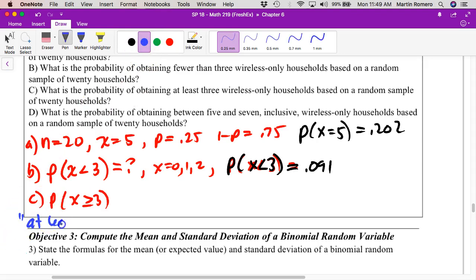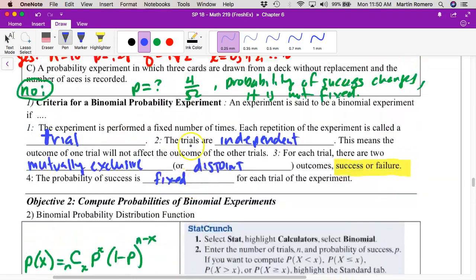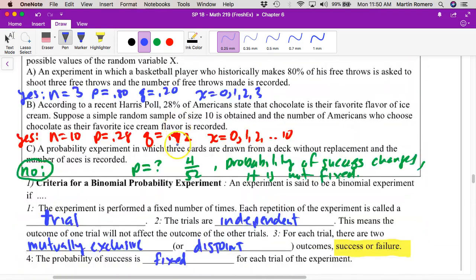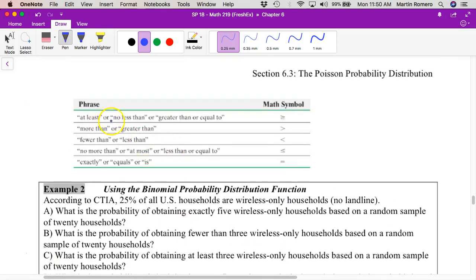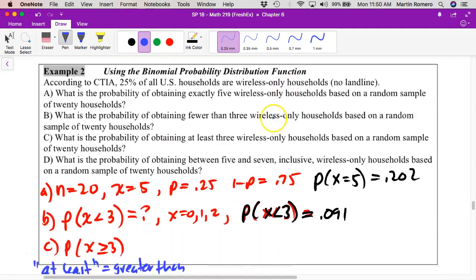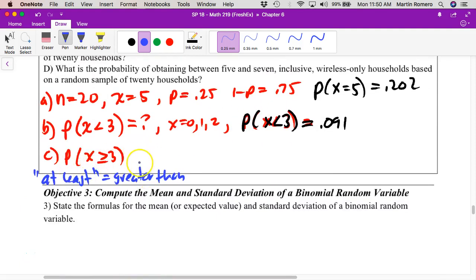At least is the same language as greater than or equal to. Where was that note I showed you? Right here: at least, no less than, greater than or equal to. They're all those symbols there. And so we're calculating that probability.